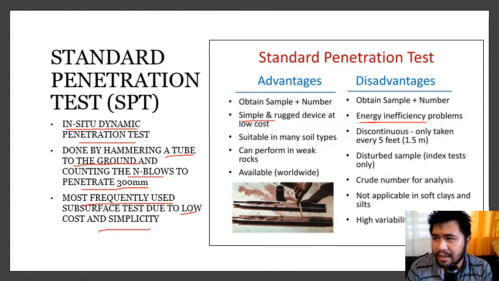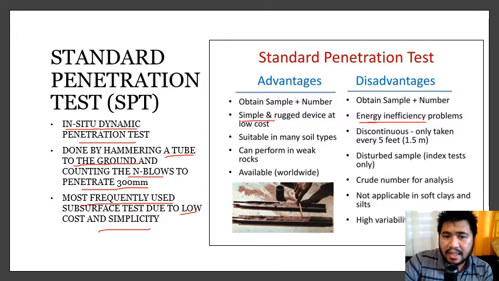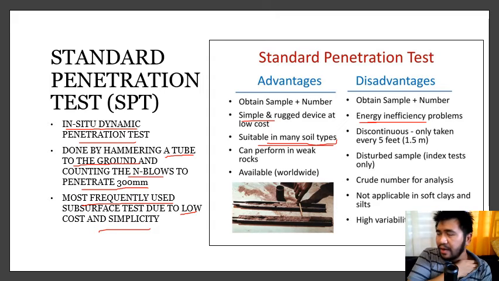And depending, if the hammer is not being dropped vertically, this can cause some energy inefficiency problems, and you can get inaccurate readings. Advantage, it's suitable for many soil types, but once you start encountering gravels, you can have a hard time getting samples, and you can also have a hard time getting reliable readings.